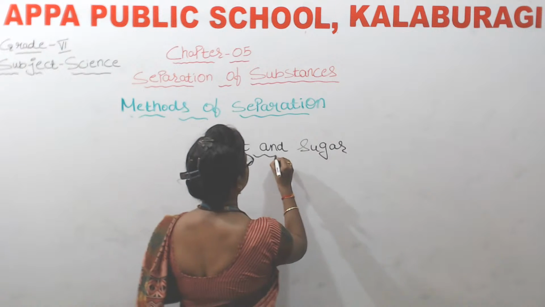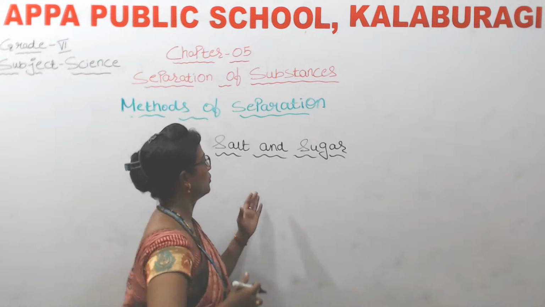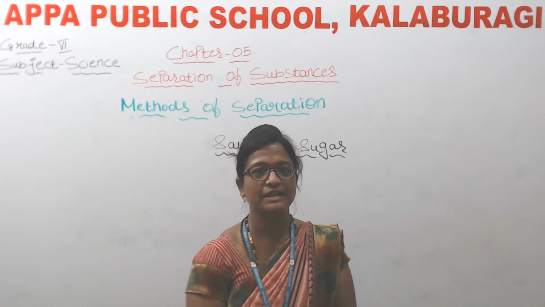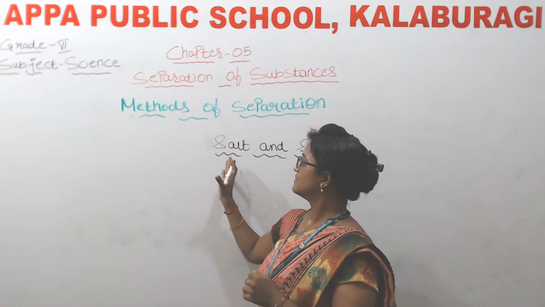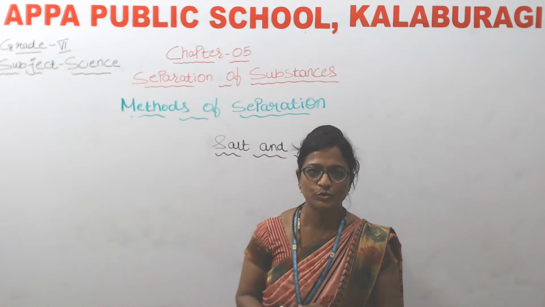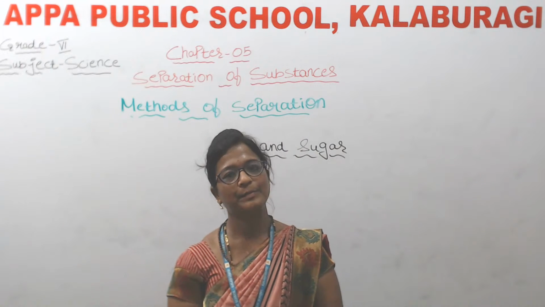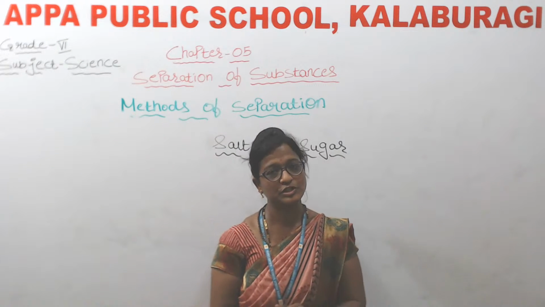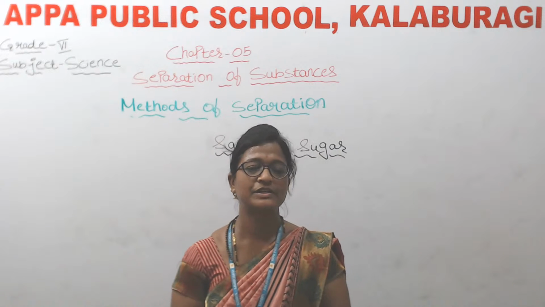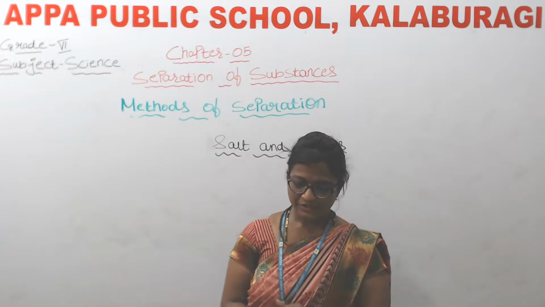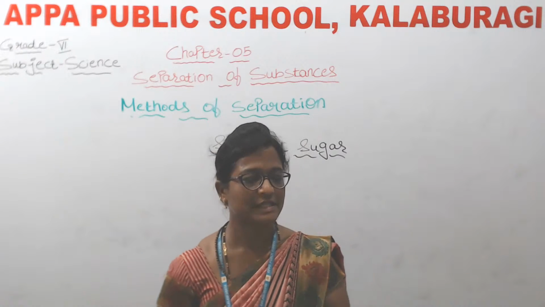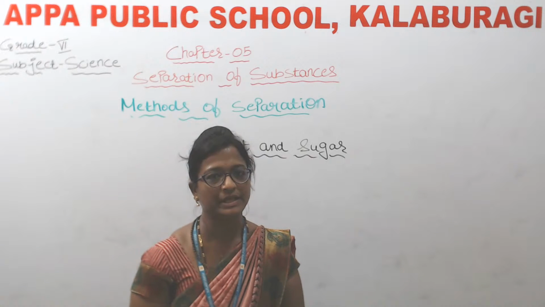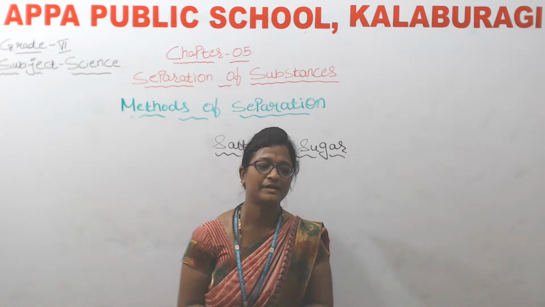If I give you a mixture of salt and sugar, and if I tell you to pick salt or to pick sugar by using the hand picking method, tell me whether this hand picking is suitable to separate salt and sugar. Yes, children? Can we separate salt and sugar by hand picking? Think, can we separate?